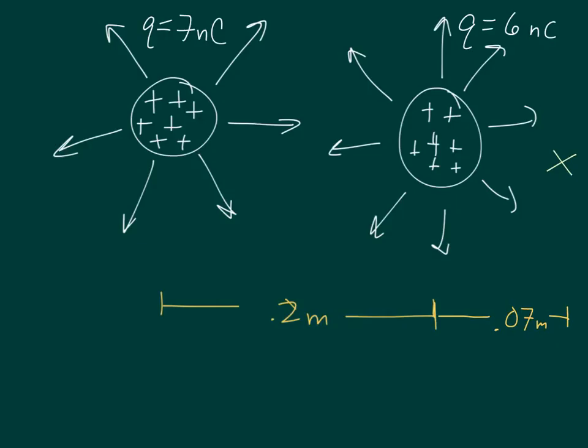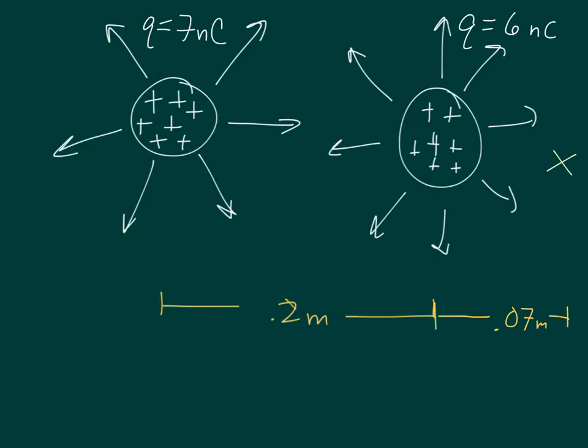Nano times 10 to the... -9. Micro is 10 to the -6. Nano, 10 to the -9. So that's what we're looking at for these two charges here.